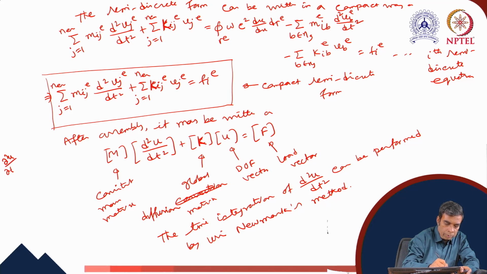Now the second order wave equation, del 2u del t2 equals to c square del 2u del x2. Here the left hand side is the unsteady term and the right hand side is the diffusion term.